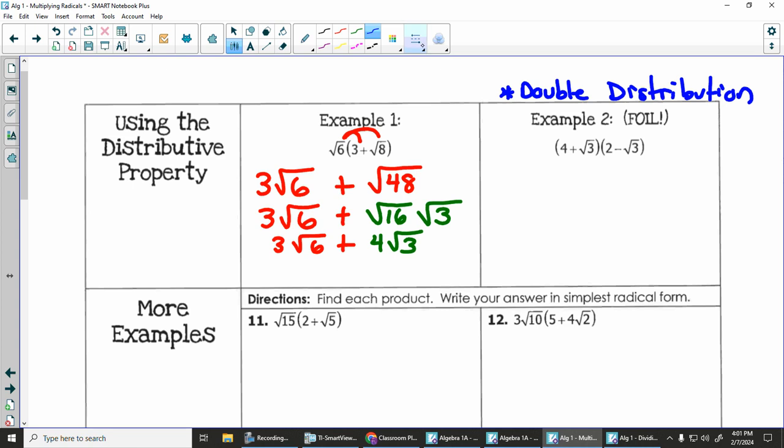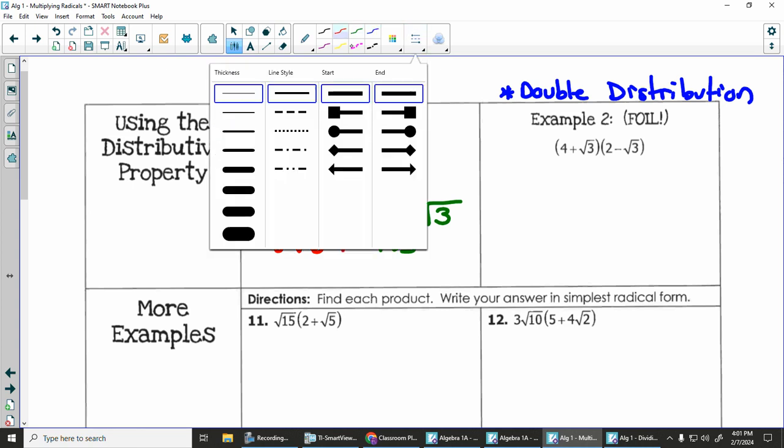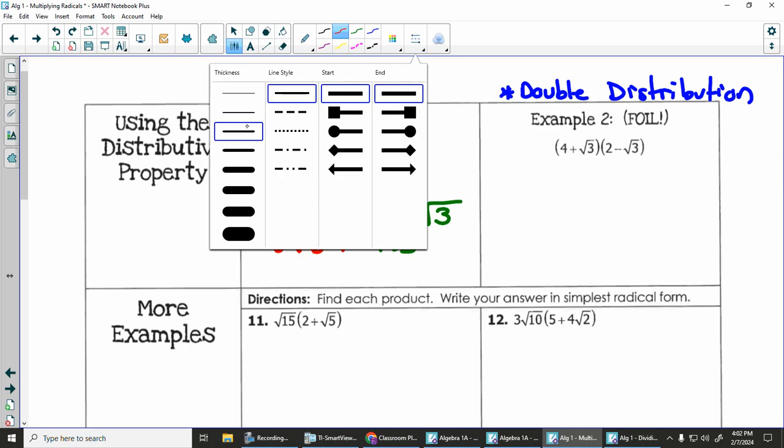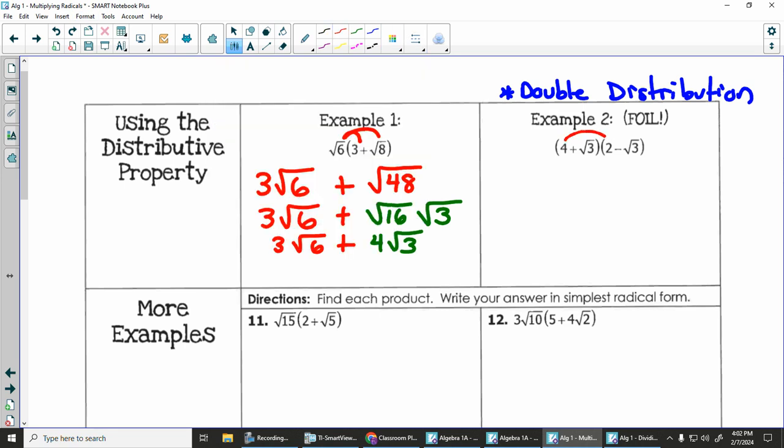So for a problem like this, first we are going to have the 4 get multiplied through, just like we did in our last question. So 4 times 2 will be 8. 4 times a negative radical 3. Again, one's a radical, one's not. So that is going to be negative 4 square root of 3.